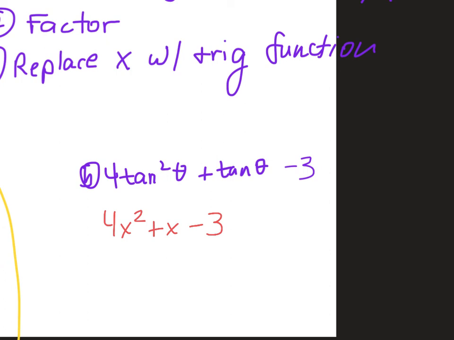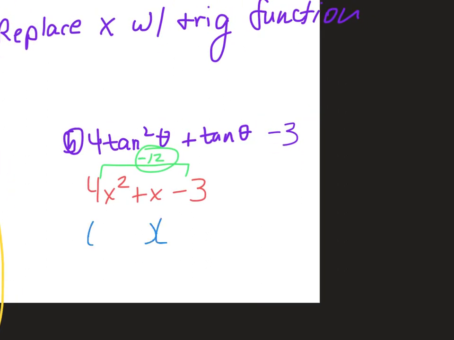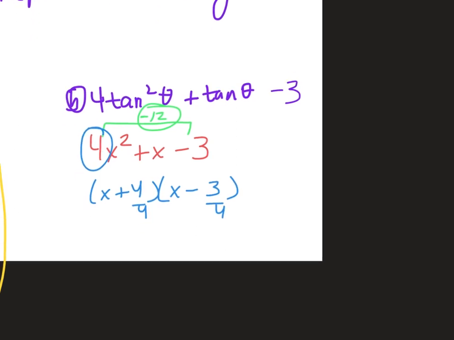Does everybody in here know how to factor that? 4 times negative 3 is negative 12. So I need factors of negative 12 that multiply to give me negative 12, but add to give me 1. 4 and negative 3. So x plus 4, x minus 3. And since my a term is not 1, I'm going to divide each factor by that a term. So I'm left with x plus 1.